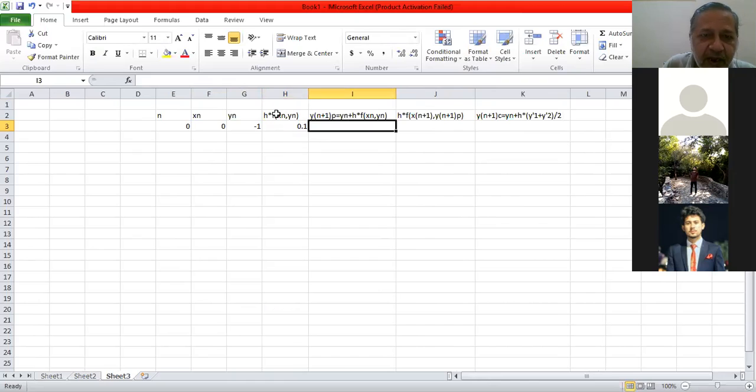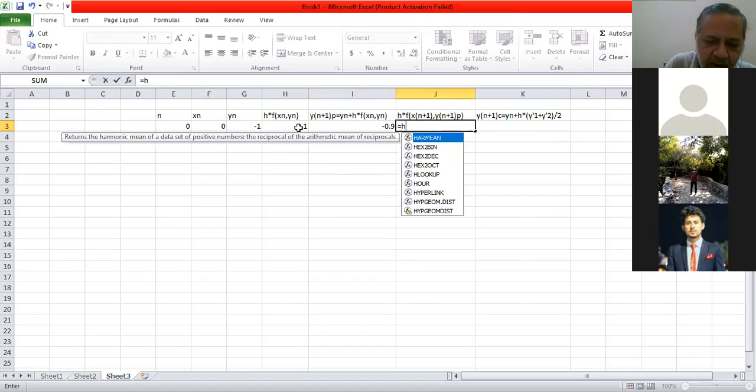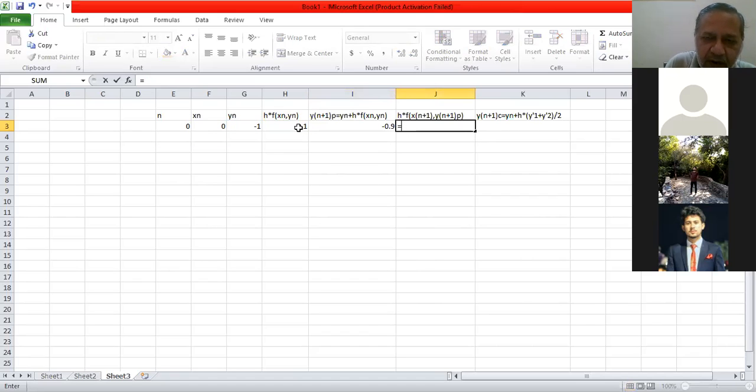So जो कुछ हमने यहाँ लिखा है वो हमने कैलकुलेट कर लिया. The predicted value of y is to be calculated using what? Available value of y plus h times this जो already calculated है. तो जो ऑलरेडी कैलकुलेटेड है वो H3 में मौजूद है. फिर हमने क्या कैलकुलेट करना है, H स्टार. Now what is H? 0.1 star function value at xn plus 1.